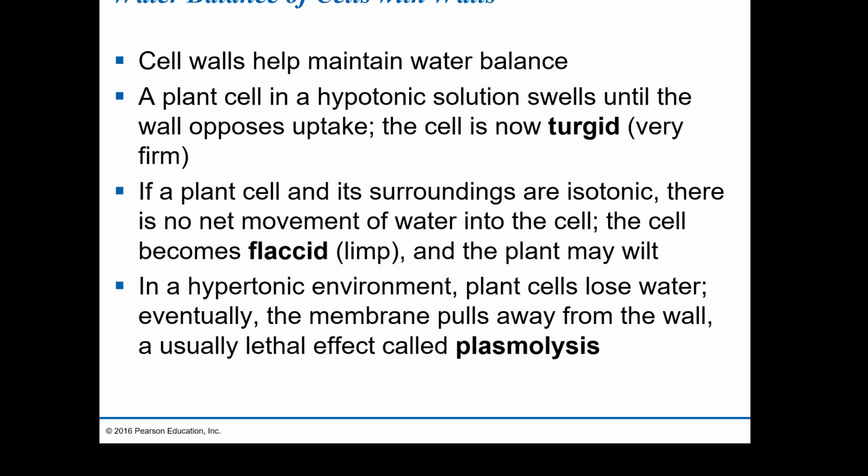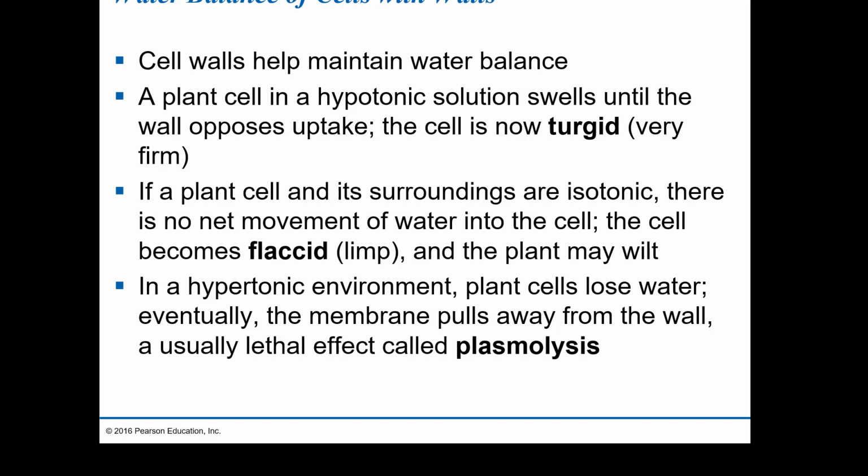If your plant is wilted, it needs more water, because there's a higher solute concentration outside, so the cell's losing water. It likes to be in a hypotonic solution, so that keeps it rigid and solid, and that's why even though they're flimsy little plants, that stem can be upright and the leaves can be nice and taut.